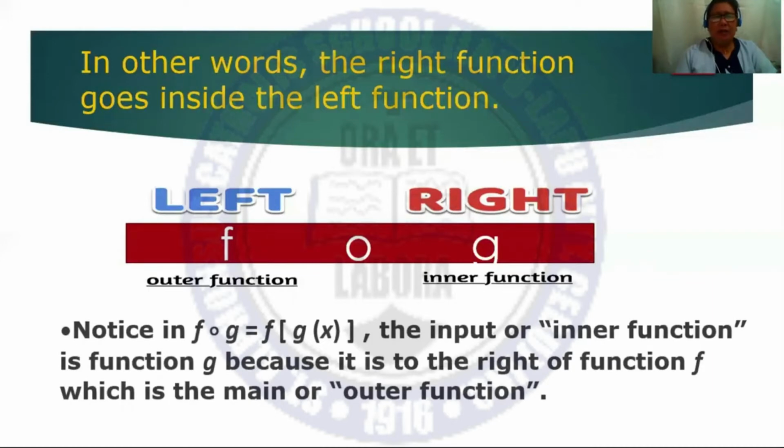Notice in f circle g, which is equal to f of g of x, the input or the inner function is function g, because it is to the right of function f, which is the main or the outer function.